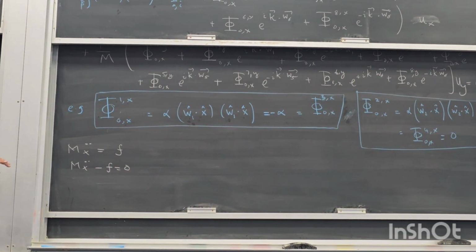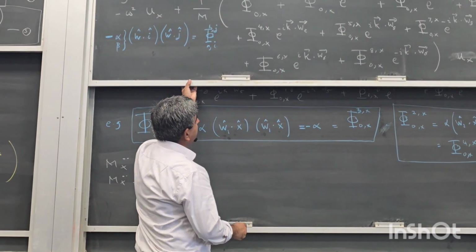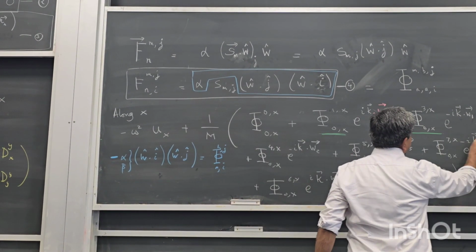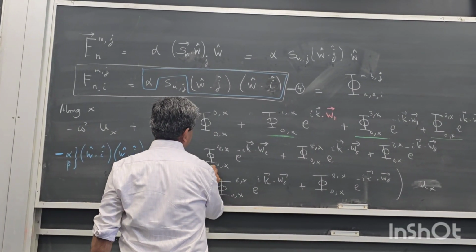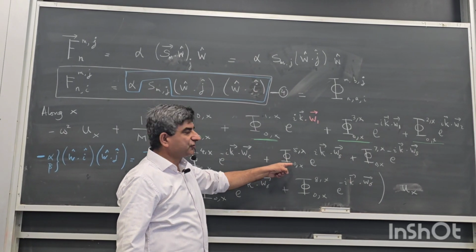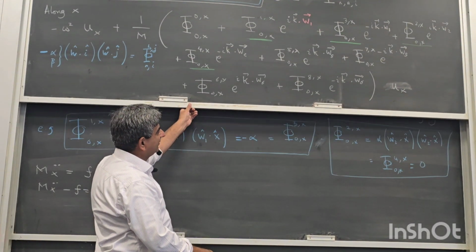Okay, so now we've computed these phi's. So which phi's have we computed? We've computed this phi, we've computed this, and this one. Now let's compute the phi's corresponding to the next to the nearest neighbor interactions.